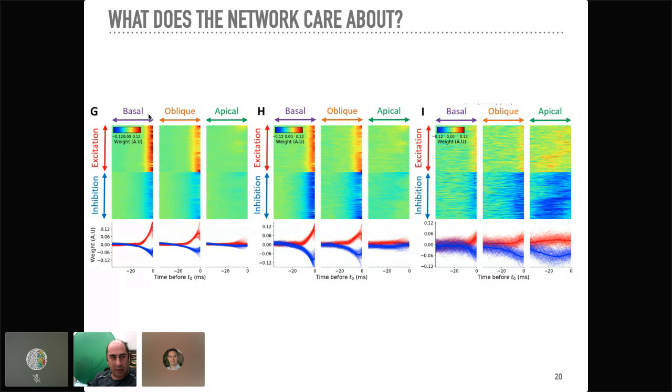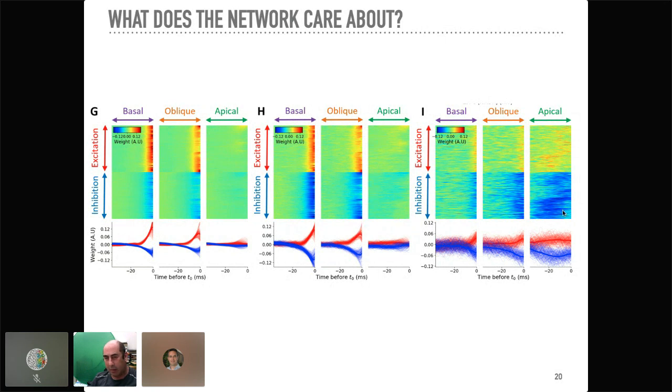And this is the basal inputs. These are the oblique inputs. And you see that this unit specifically is completely insensitive to the apical tuft. Here's another unit that cares about excitatory and inhibitory inputs coming to the basal dendrites and to the oblique dendrites, but less to the apical dendrites.